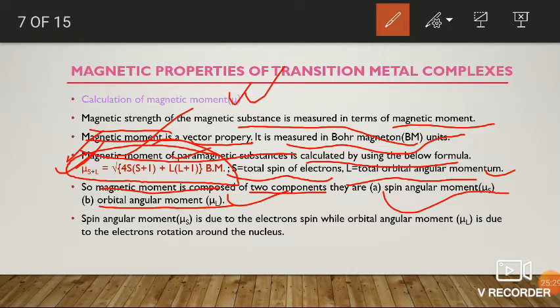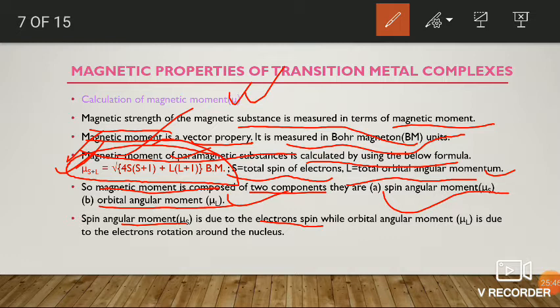The first one is the spin component. Mu S is the magnetic moment obtained due to the electron spin, that is, the spin of the electron around its own axis.